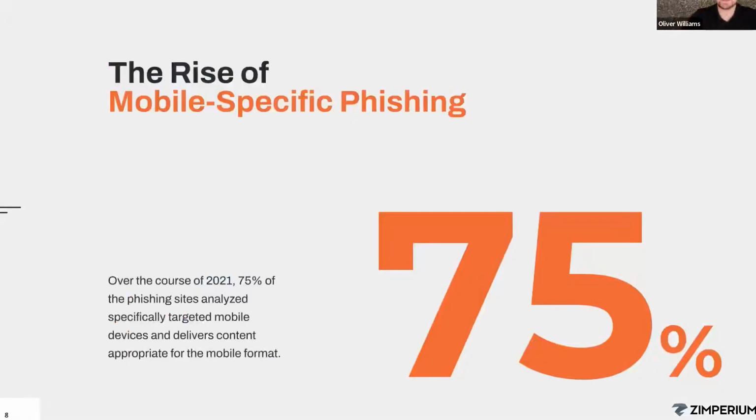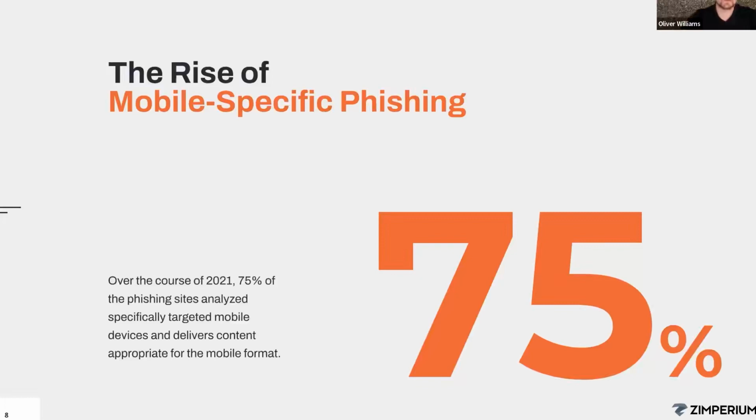One of the biggest things we've seen is that mobile-specific phishing has been on the rise heavily. We believe this is driven by people now working from home and a lot more people starting to travel. Traditionally, these types of attacks may have been done at the network level in public hotspots, but people weren't visiting those.